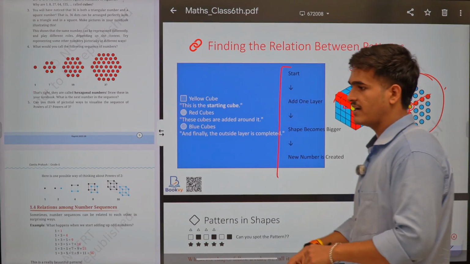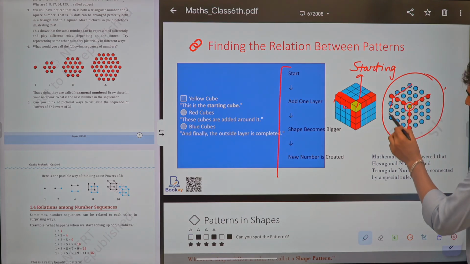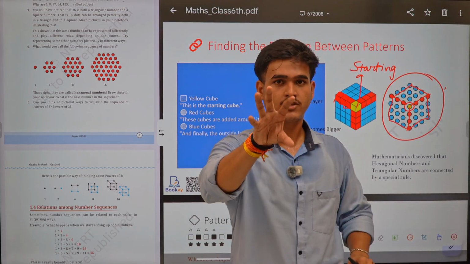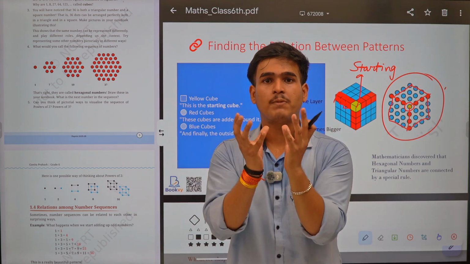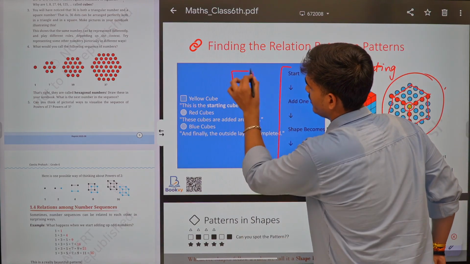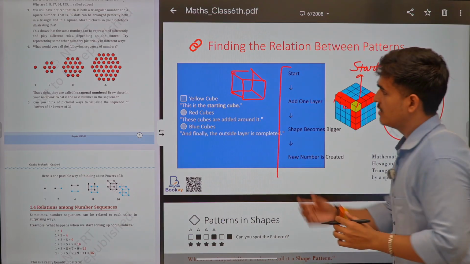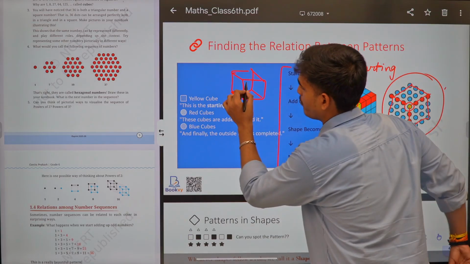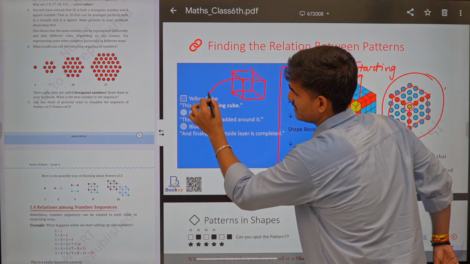So how is the new number created? Consider this. This represents one face of the cube, and if you put the same all around, it will become a 3D cube. How does a 3D cube look? I will show you. A 3D cube looks like this, and we are forming it from a single point, which is the starting point, the yellow cube.